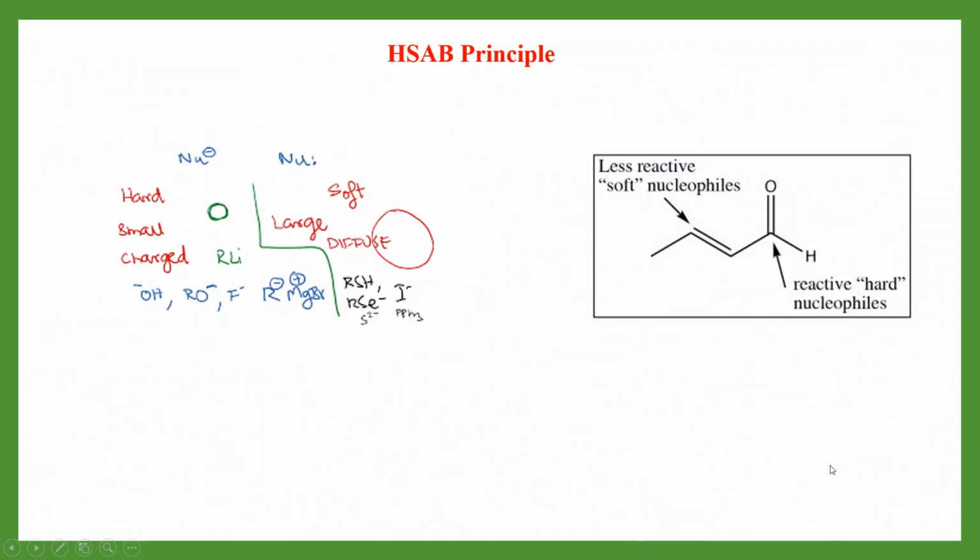So let's move ahead. So this is your HSAB principle. As per the HSAB principle, hard acid should react with hard base and soft acid should react with soft base. Okay. For example, you have this center. Here two types of charge can generate.